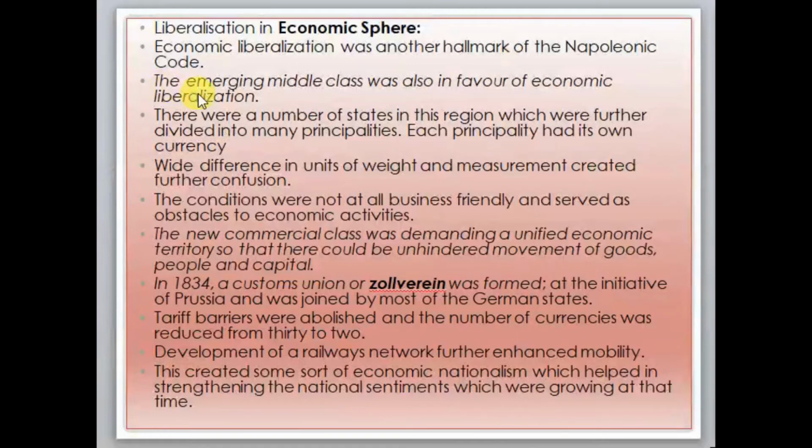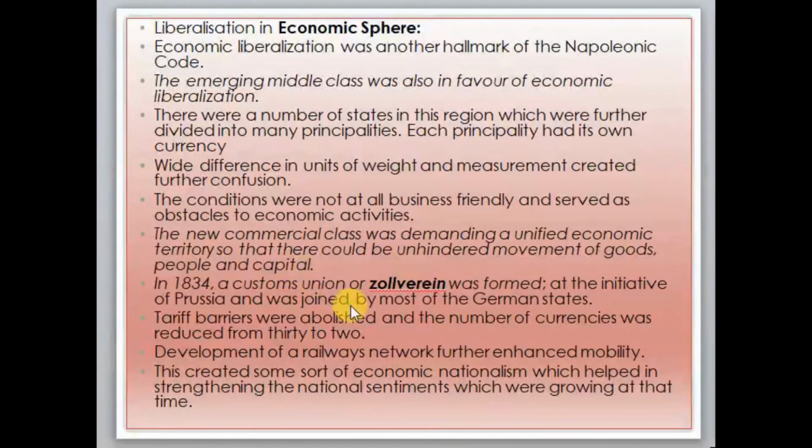During the 19th century, this was a strong demand of the emerging middle class. For example, in German speaking regions, Napoleon's administrative measures had created out of countless small principalities a confederation of 39 states.